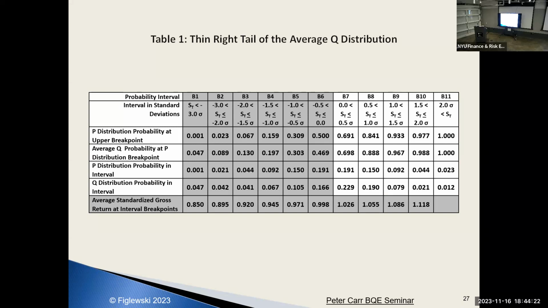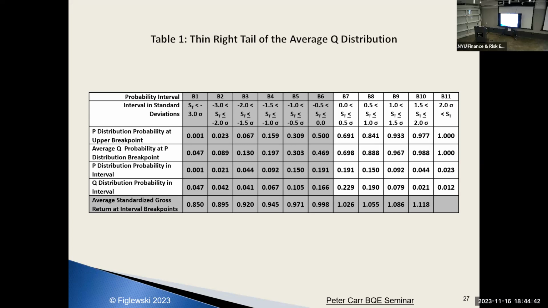So here's the upper tail. And we can see that by this time, the P and the Q are pretty much together, except the P is going to 1 more slowly than the Q is.